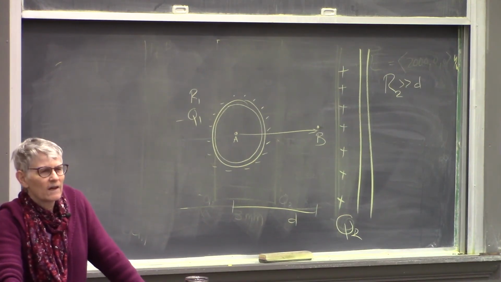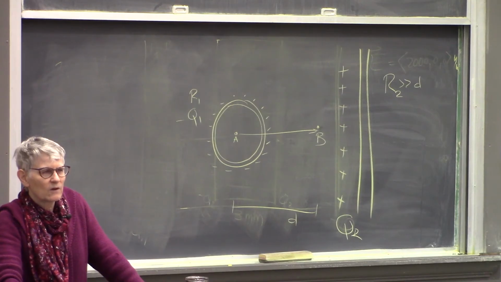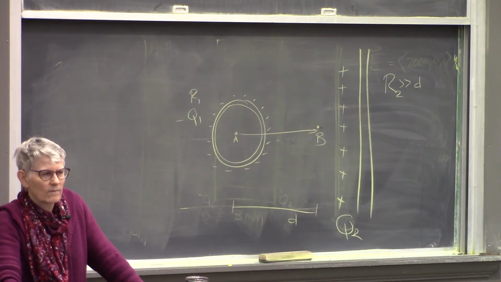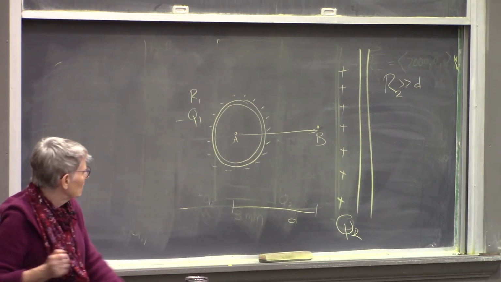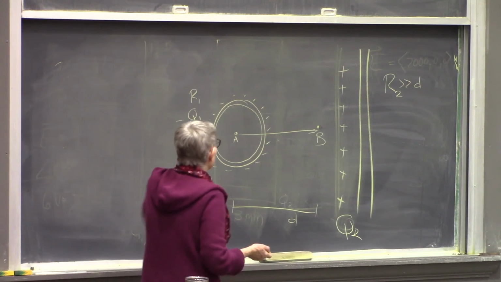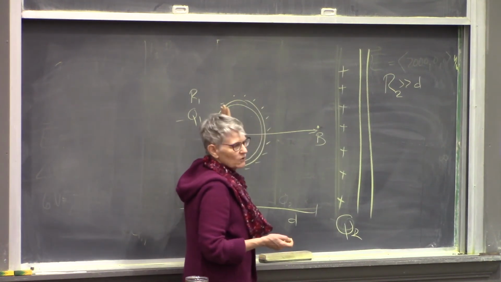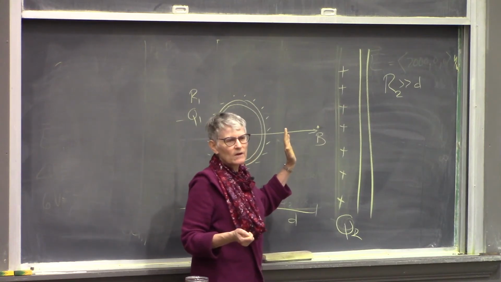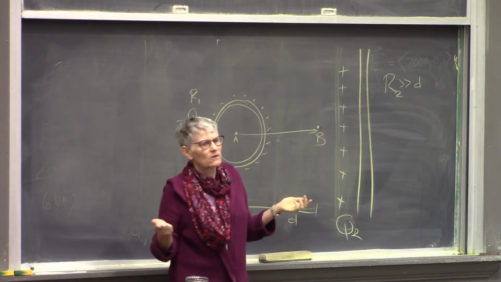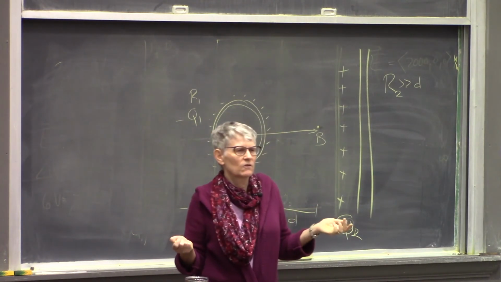So I just want a plan. How are we going to do this? Okay, so do we have to get that complicated though? I mean, we could divide the sphere into rings and things like that, but what do we know about the electric field of a charged sphere?